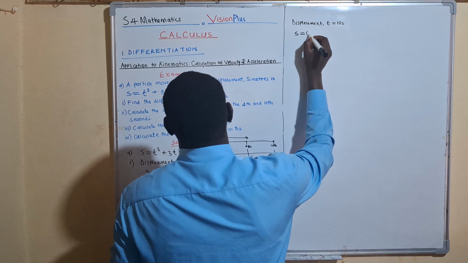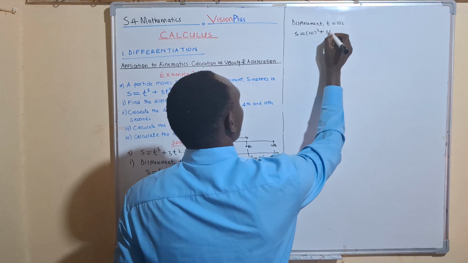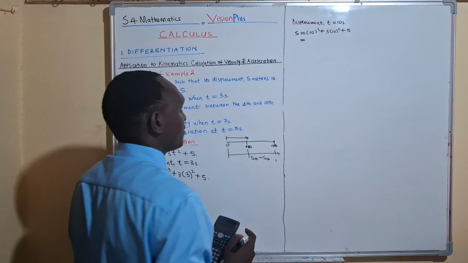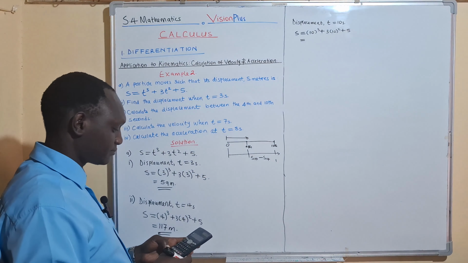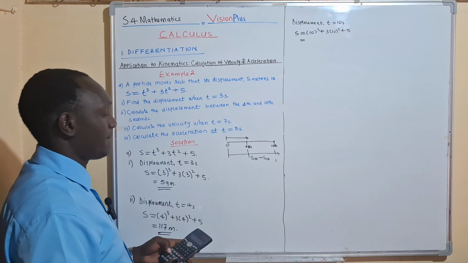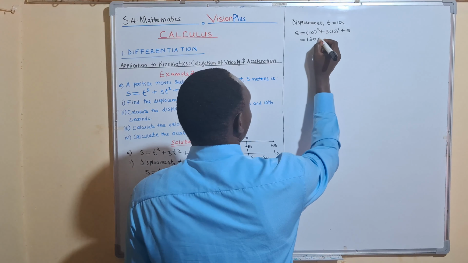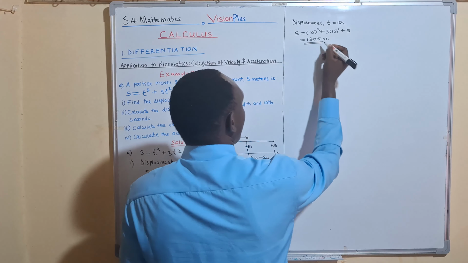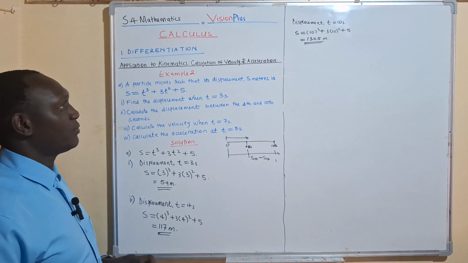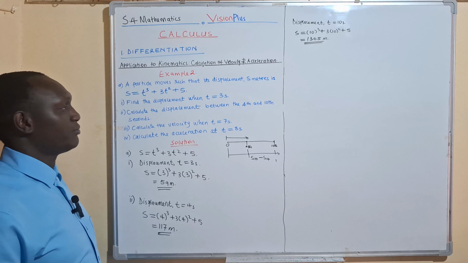Our t now is 10 power 3 plus 3 times 10 squared plus 5. Then you press the calculator. I'm getting 1305 meters. So after 10 seconds from the beginning, the particle will be 1305 meters away from the initial position.